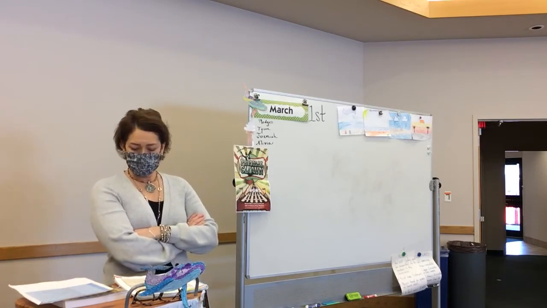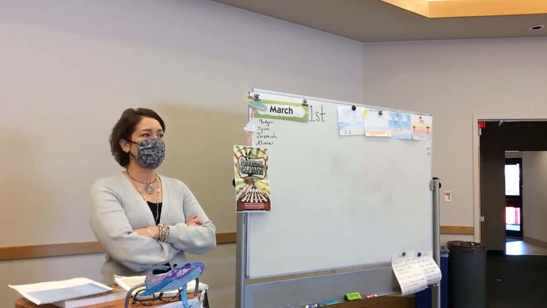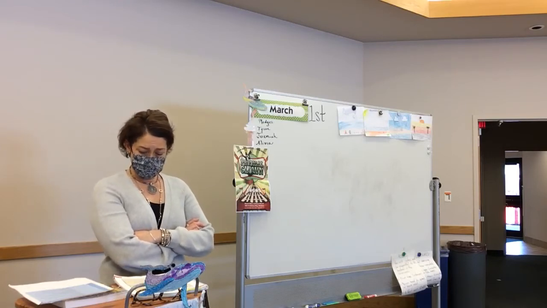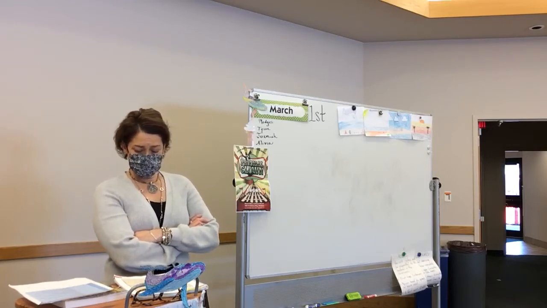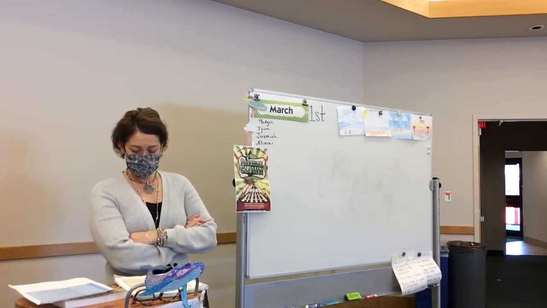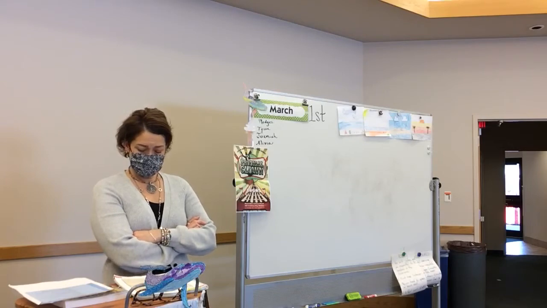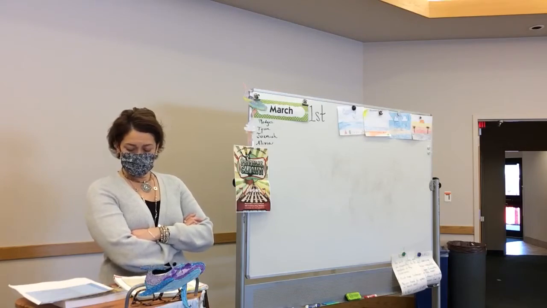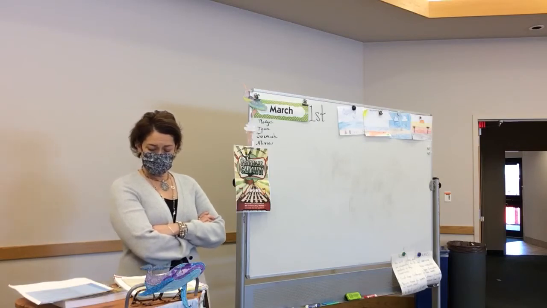So, who wants to read the last part of the preamble? Go ahead, Em. Do ordain and establish this Constitution for the United States of America. Do authorize and set up this Constitution for the United States of America.